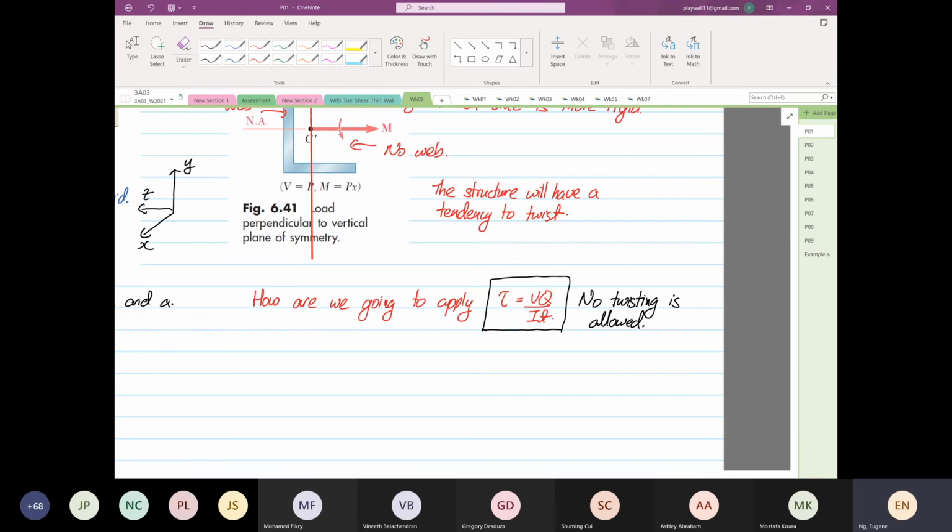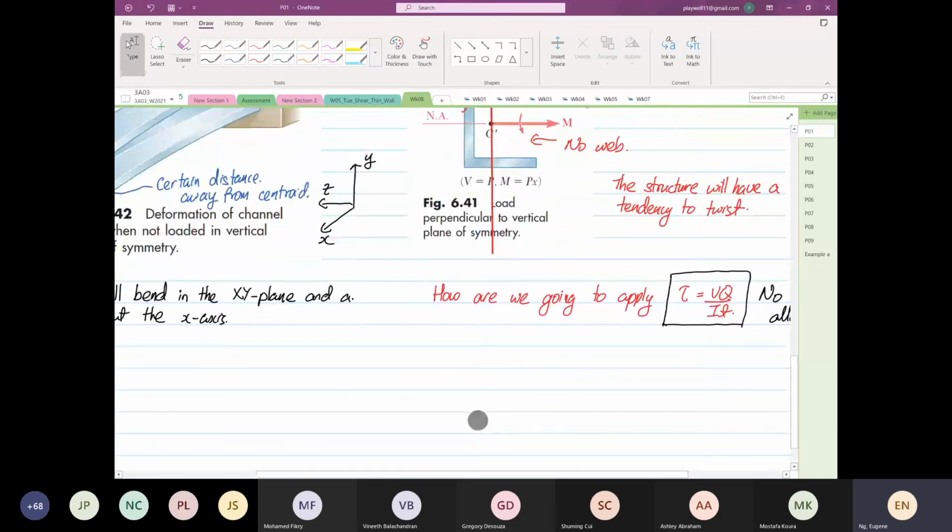But we have to be really cautious about this. So how do we do that? I'm going to copy another set of diagrams.